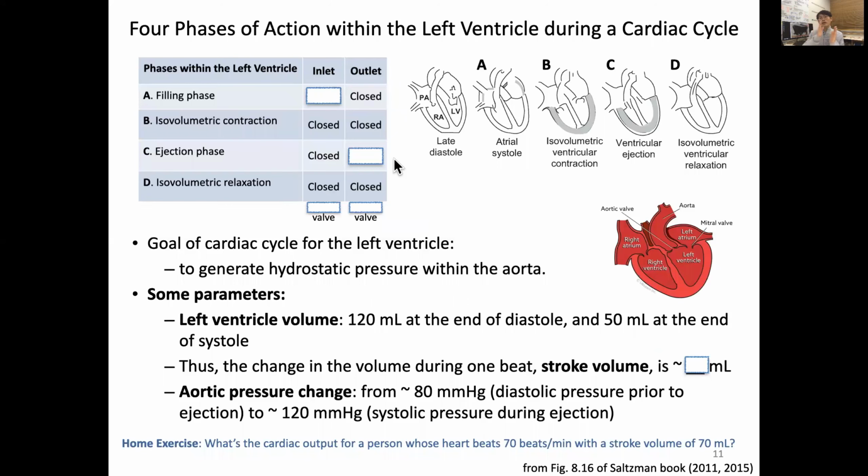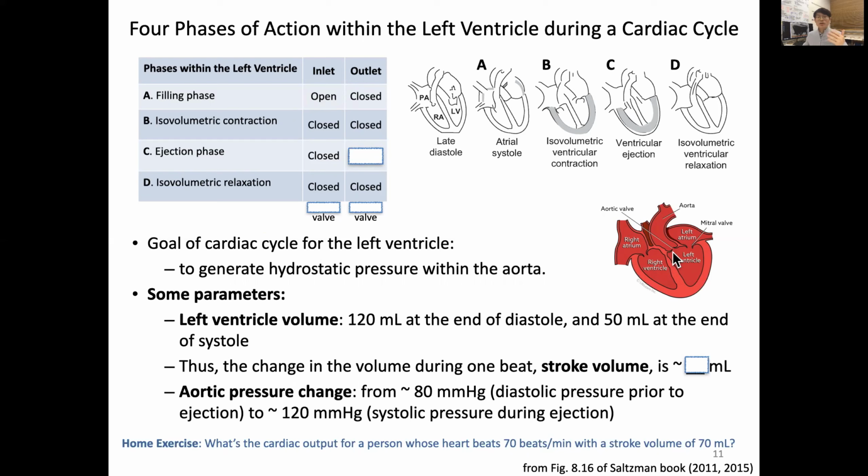So for that, we divide this cardiac cycle into four phases of action within the left ventricle during a cardiac cycle. So let's think about it first. From the point of view of the left ventricle, which is one of the most important pumps in the heart, the left ventricle has an inlet valve and an outlet. Thinking from the inlet and outlet point of view, the first, filling phase requires the inlet to open while the outlet is still closed.